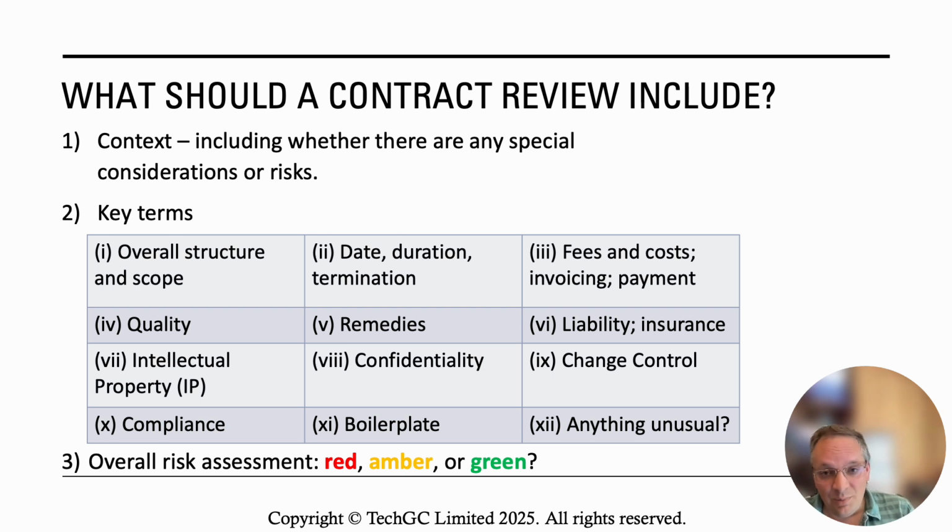Confidentiality is also really important. Maybe you've already entered into an NDA with a third party, or maybe the contract terms in relation to confidentiality are going to supersede or replace an NDA essentially.